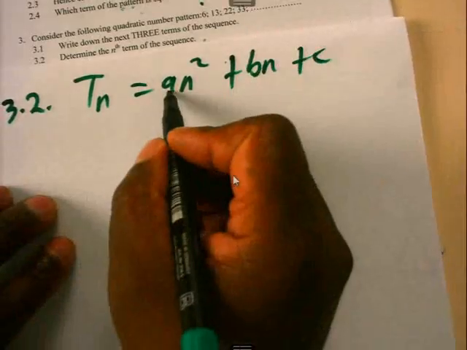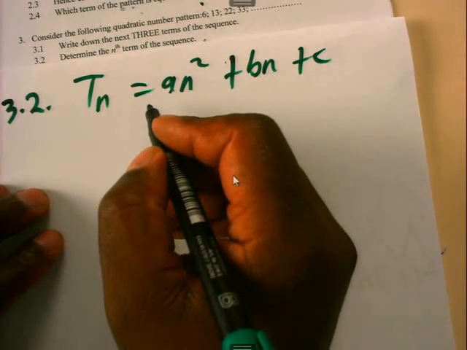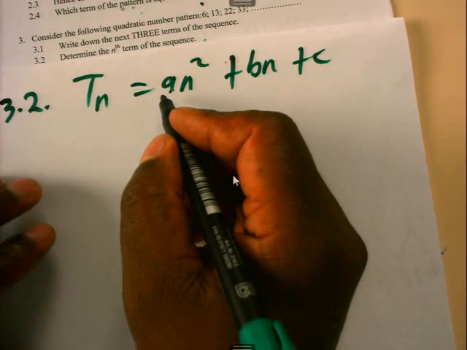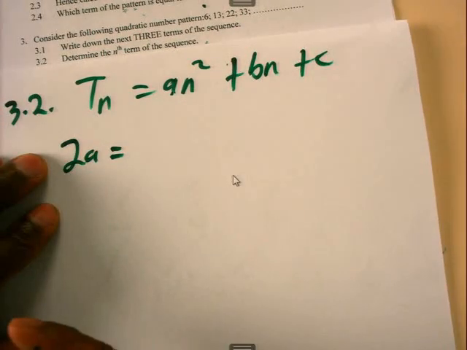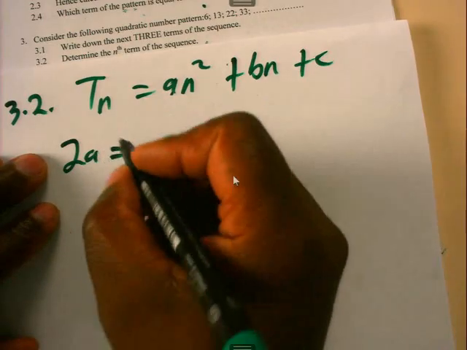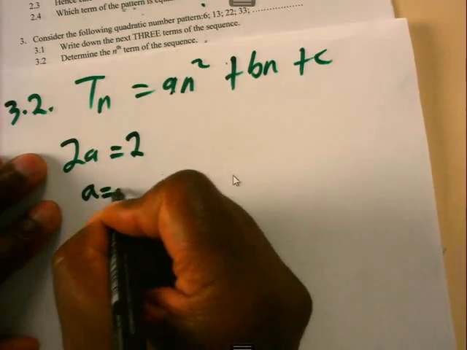How do we determine the value of a? Remember we said 2a equals the second difference, which in this case was 2. So 2a equals 2, and a equals 1.